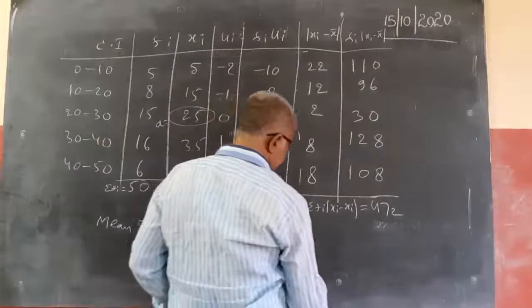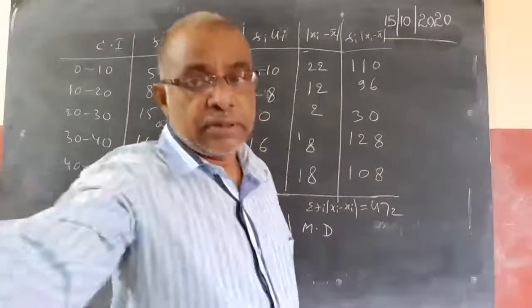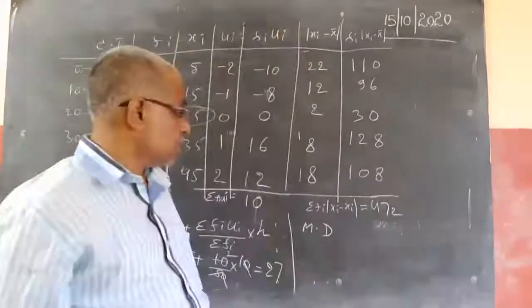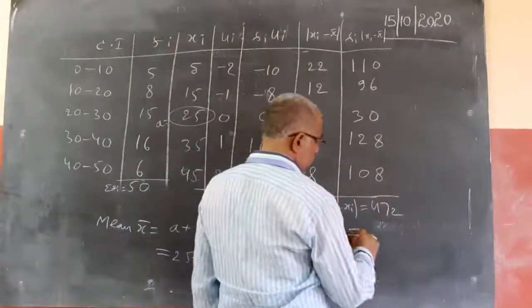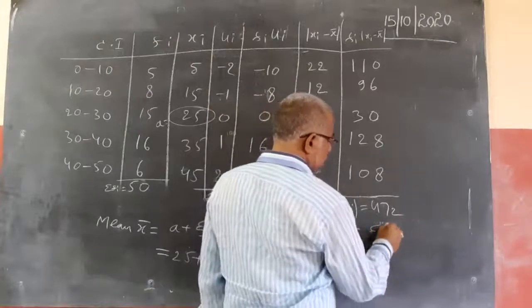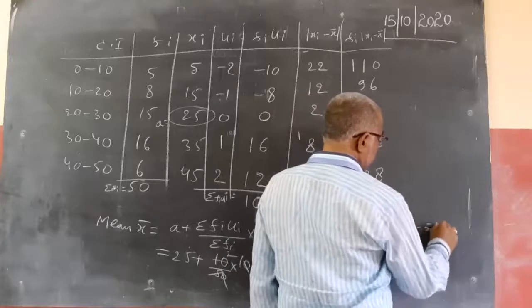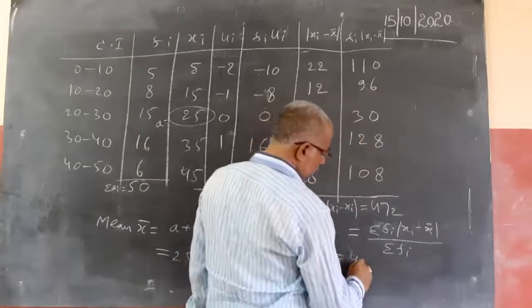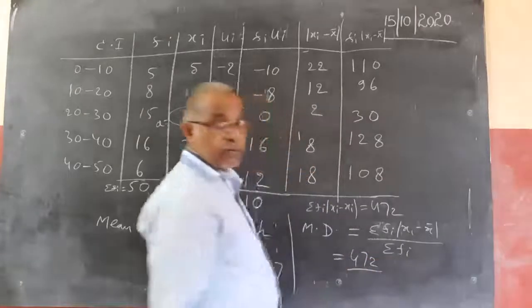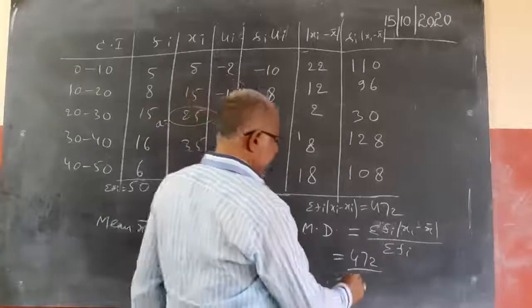Now, mean deviation about the mean is equal to sigma fi into modulus of xi minus x bar by sigma fi, which is 472 by sigma fi, which is 50.